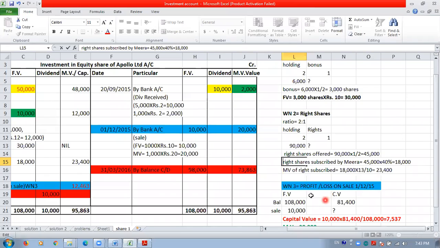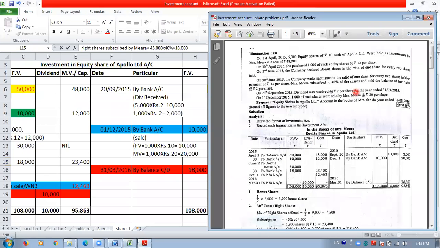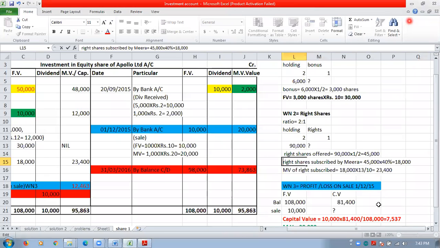But the market value is different, because the right shares are sold for 13 per share. Payment is for 13 per share. So 45,000 into 40% gives 18,000 as her subscription, and at the market value of 13 per share, 23,400 is the market value of the right share right now.